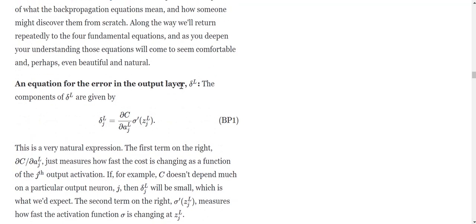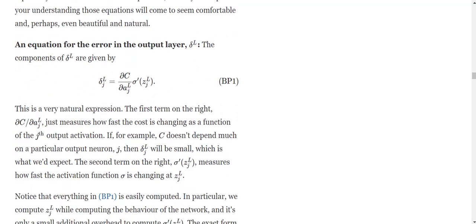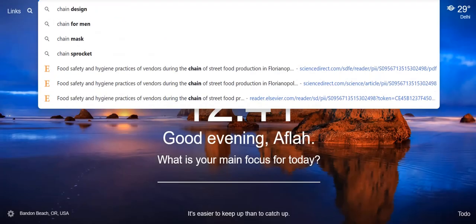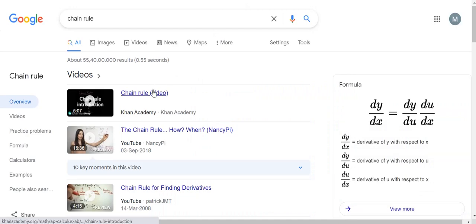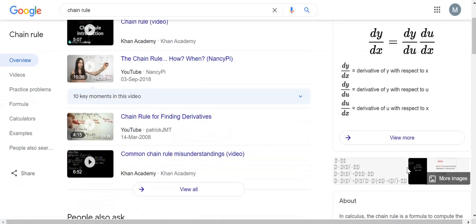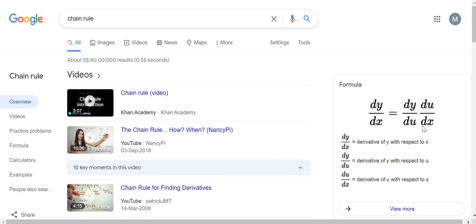If you're not familiar with the chain rule, you can study that somewhere. I think 3Blue1Brown also has a great video on the chain rule, and Khan Academy, of course. So this is somewhat what we are doing.